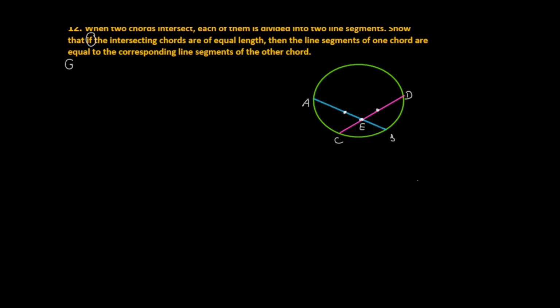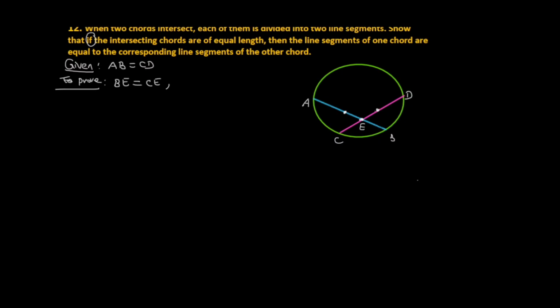So here it is given that the chord lengths are equal, which is AB is equal to CD. To prove the corresponding segments are equal: in chord AB, BE is the small segment. For chord CD, CE is the small segment.